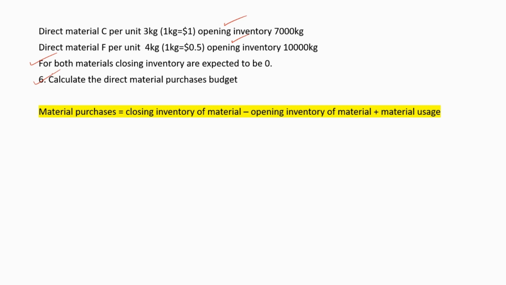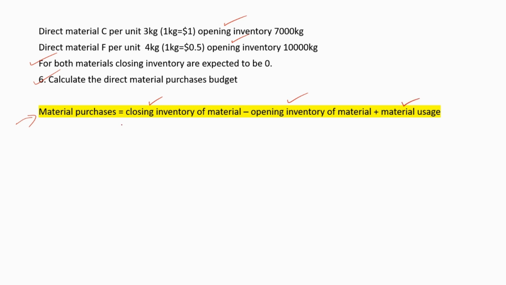Calculate the direct material purchases budget, which means this is the amount that the company has to purchase for the production for material. So we can use this equation to calculate the material purchases, which is equal to closing inventory of material minus the opening inventory of material plus the material usage.